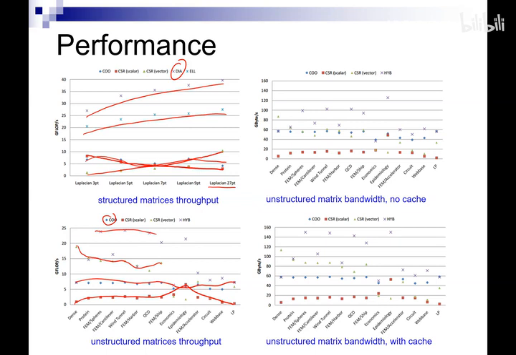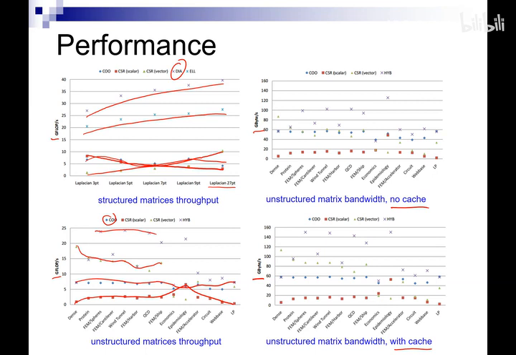What these two final charts on the right show is a comparison of using no cache versus having a cache, and here we're looking at the memory bandwidth. Previously we were looking at the number of computations we could do for the SpMV, but on the right we're looking at how much memory bandwidth we can achieve in SpMV, and you see that the cache is actually going to help.